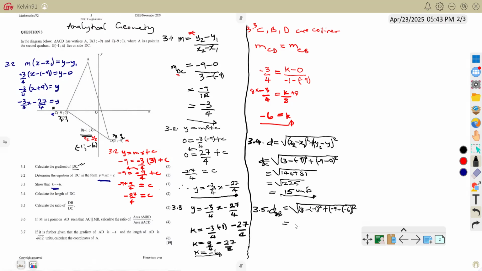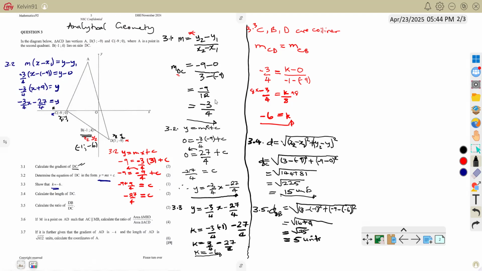You can just punch that on your calculator. Here it's 4 squared, 16, plus here we are going to get a negative 3, because -9 plus 6 is -3, squared, so it's plus 9. So this is equal to root 25, which is going to give us 5 units.